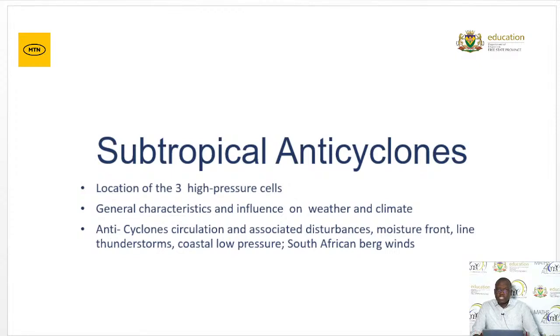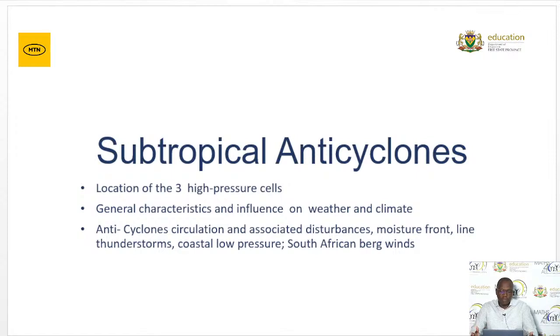Like if you look at your trial examination, there was also a question where they ask you about the general characteristics of a Kalahari high pressure. So you must be able to explain those general characteristics. And then anticyclones, circulation and associated disturbances: your moisture front, your land thunderstorm, coastal low pressure, South African berg winds.